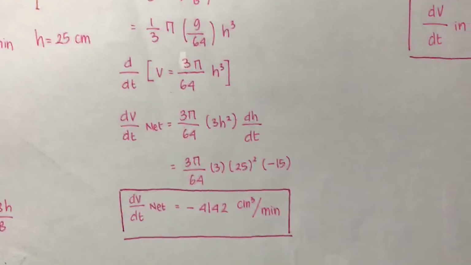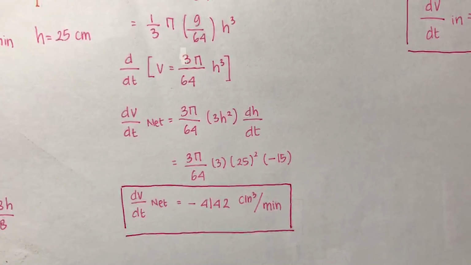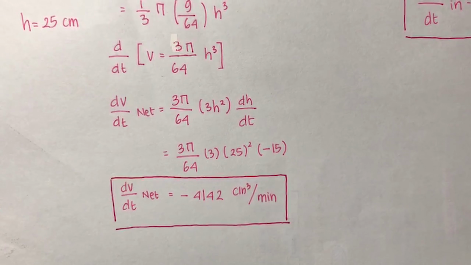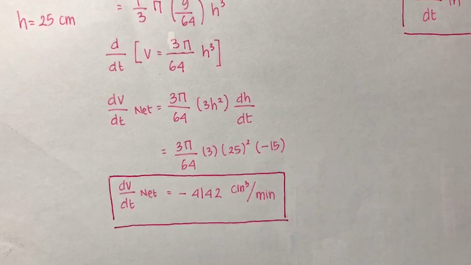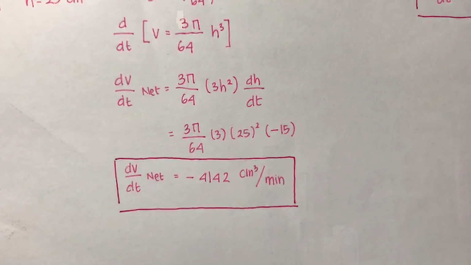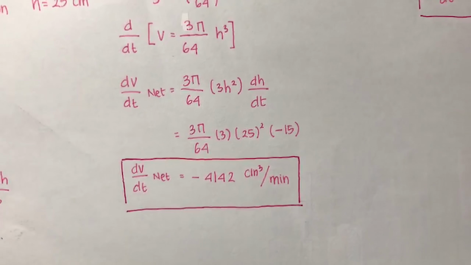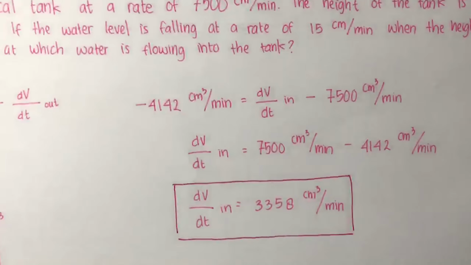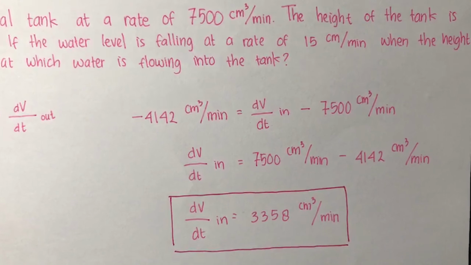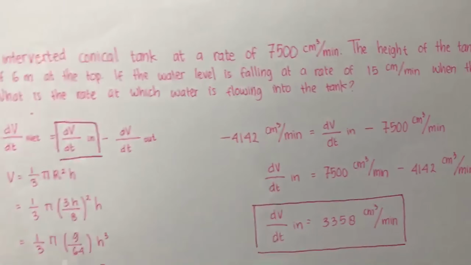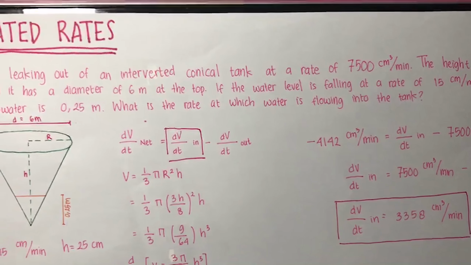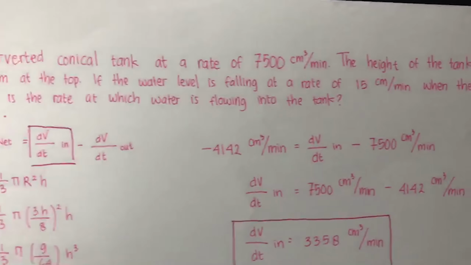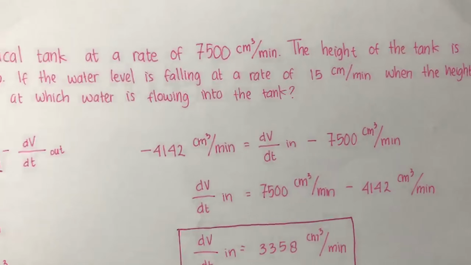And then we differentiate it. So we will have the dV over dt net is equal to minus 4,142 centimeter cube per minute. After this, we put this into the previous formula, because the question has told that the rate of the water that is leaking out is 7,500 centimeter cube per minute.